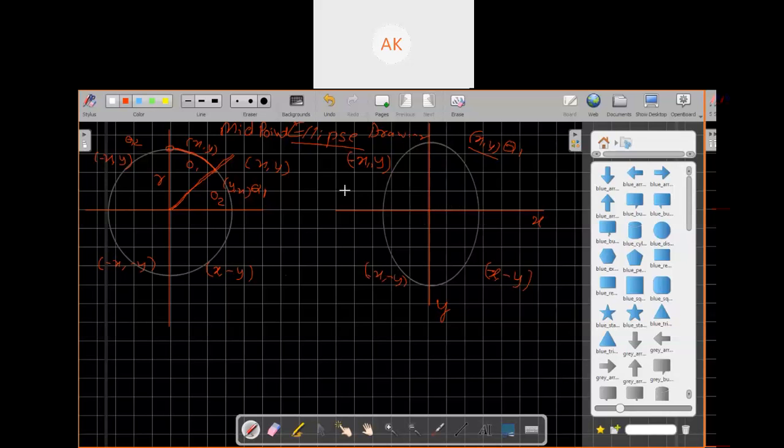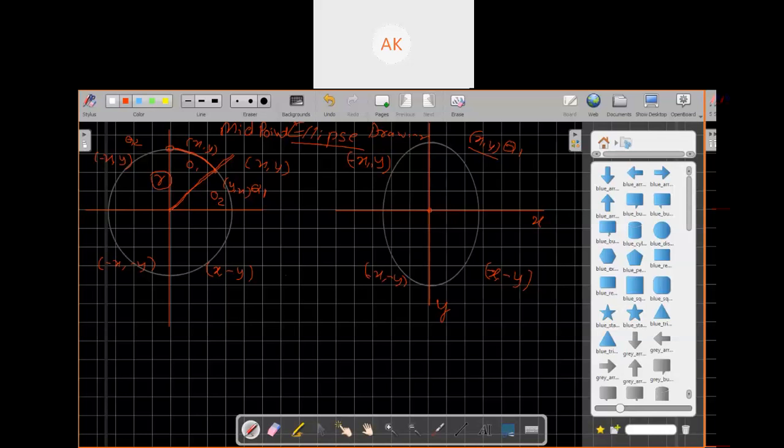But it does not follow the octant property, meaning we cannot divide quadrant 1 into two equal parts, octant 1 and octant 2. In a circle there is a constant radius r, meaning each point of the circle is equidistant from the center, which is the property of a circle. But the ellipse does not follow this property of equidistance from the center.